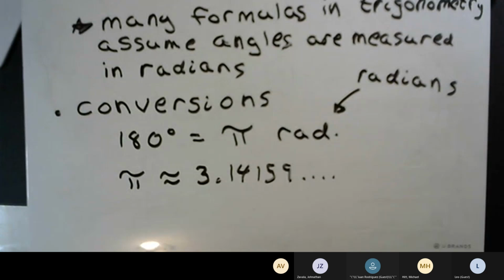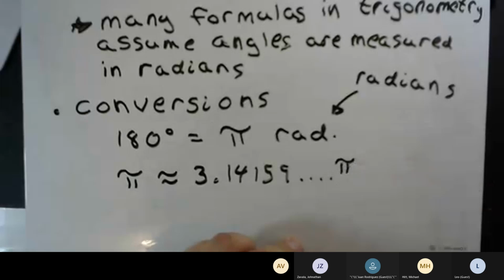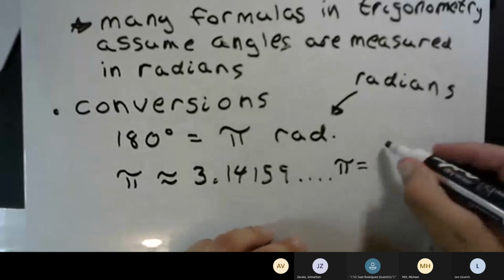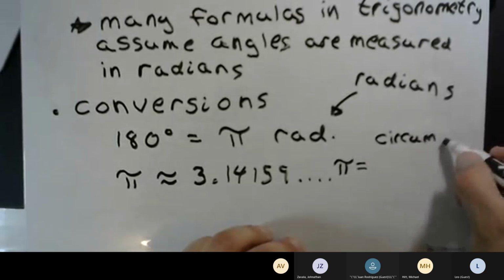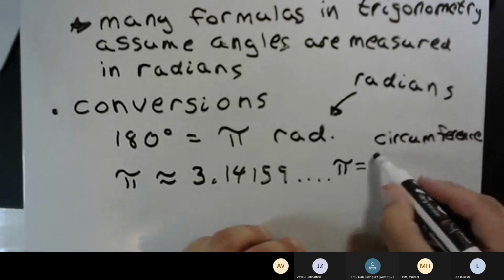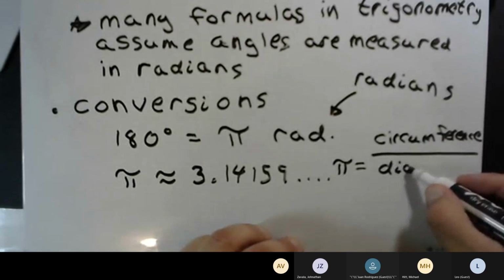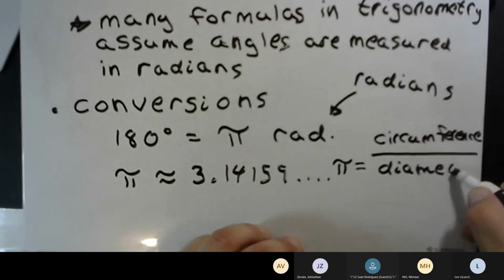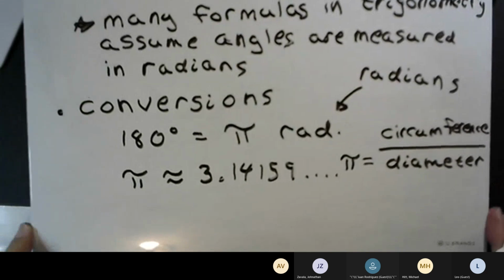If you want to know where pi comes from, pi is equal to the circumference of a circle divided by its diameter. If you take any circle, now we've got to talk about what a circumference is.